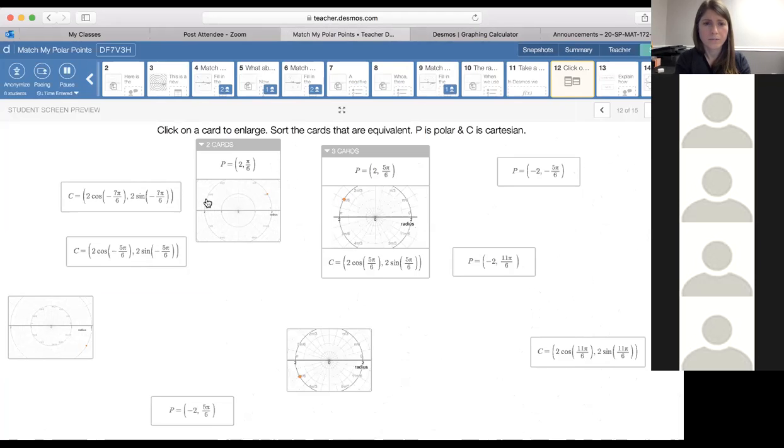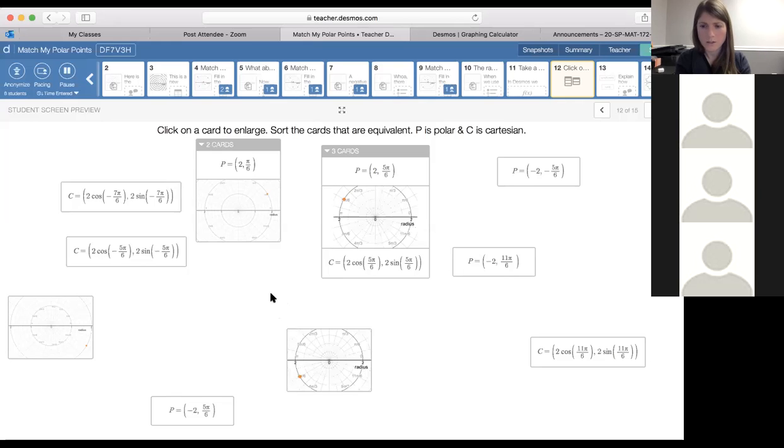Now, in terms of that guy, that actually feels kind of similar to what we just did. So I'm going to have to take a look at our coding, make sure everything's right in our Desmos activity. I may have to get back to you a little bit on this one, but right now I'm not seeing a match for this guy, whereas I'm seeing a match for this one.